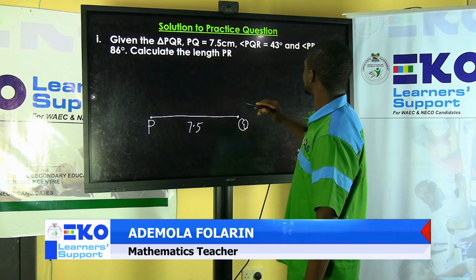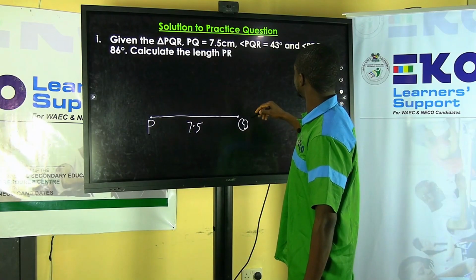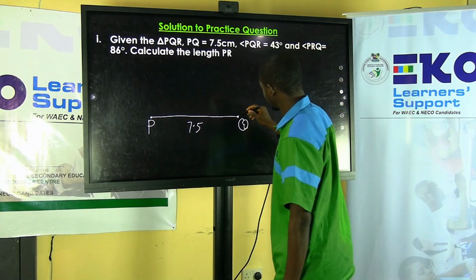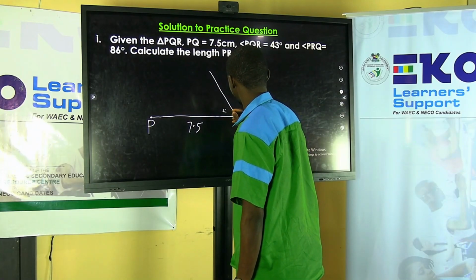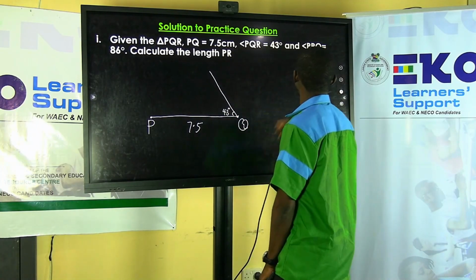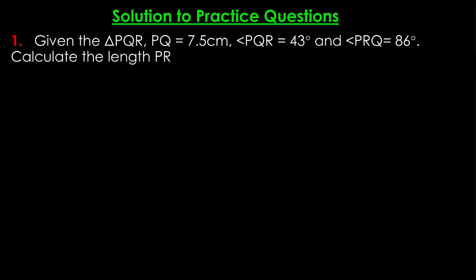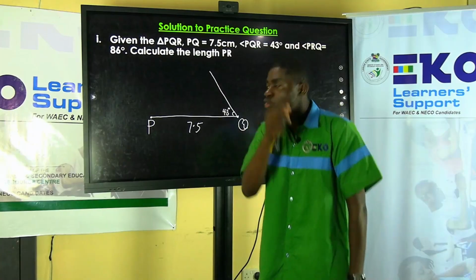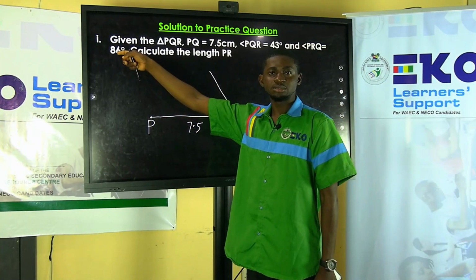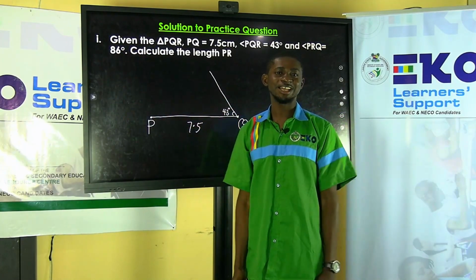And angle Q is 43 degrees. And angle R itself is 86. So out of three angles, one already takes 86. Automatically, that's the largest angle.